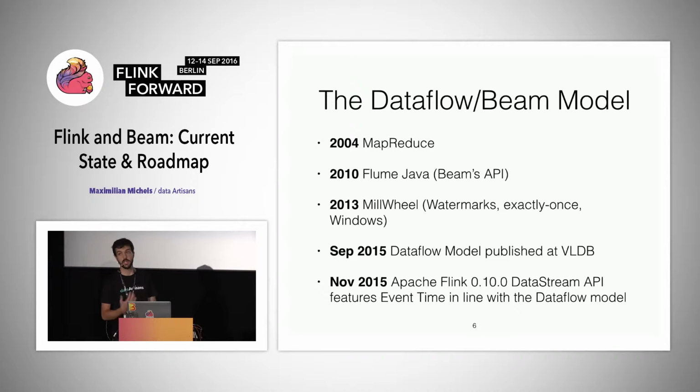We had already triggering and windowing, but the event time came in November 2015. But Flink is not a copy, of course. It has its completely own API, the DataSet and DataStream API for batch and streaming. And it has, of course, a complete open source runtime and many connectors and libraries, which are not yet present in Beam. But we're getting there.